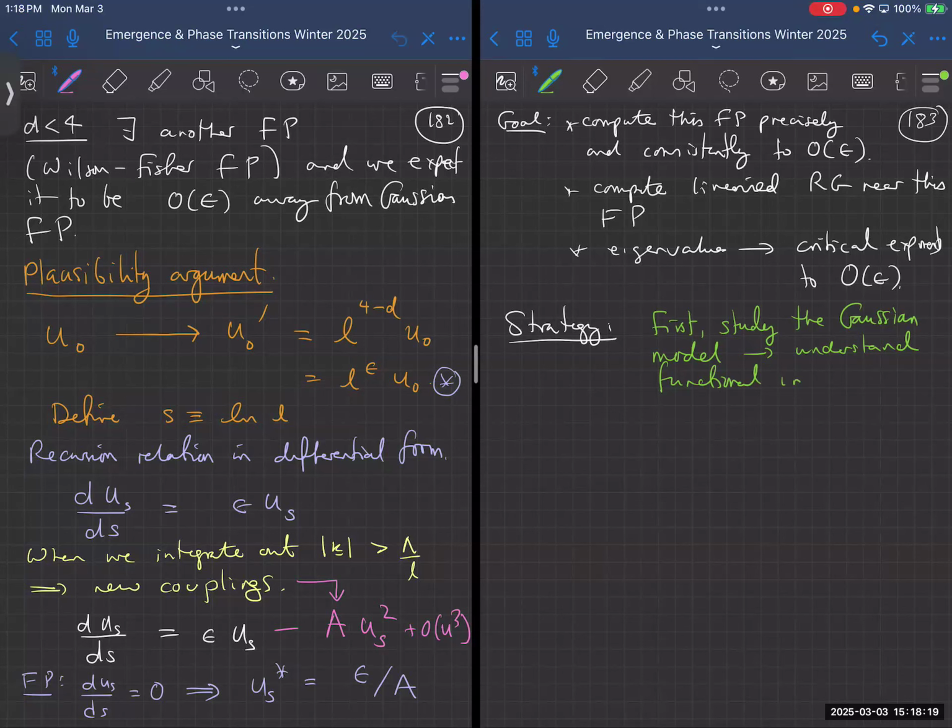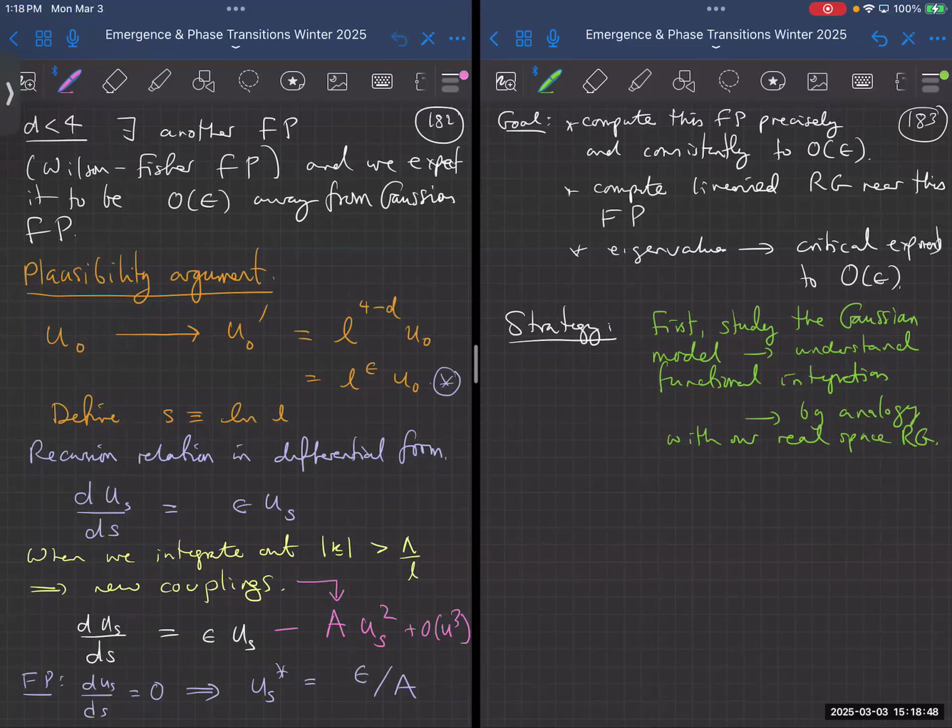We're going to do everything by analogy with what we did in real space. I'm even going to use the same notation for the small scale variables and so on, so that you can see the exact analogy.